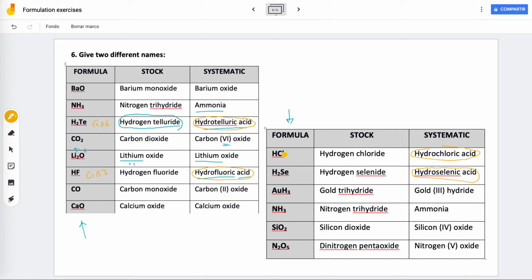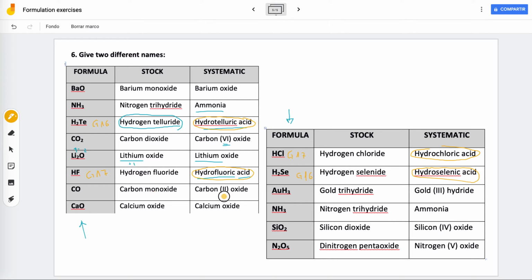Chlorine is group 17. Selenium, group 16. Yeah, those are the weird ones. Okay, good. Carbon monoxide.